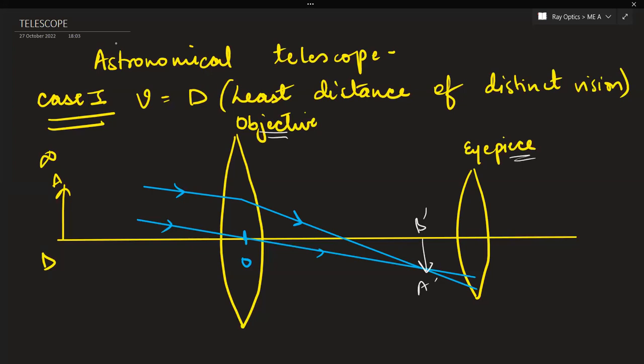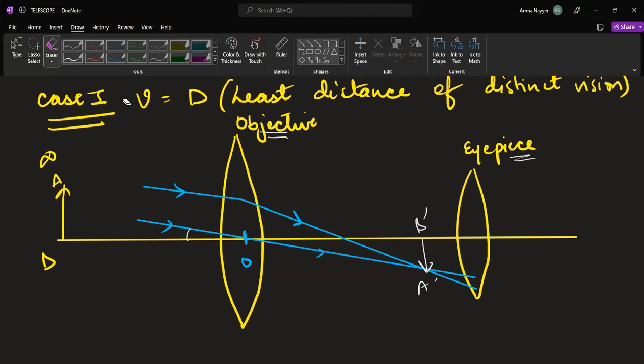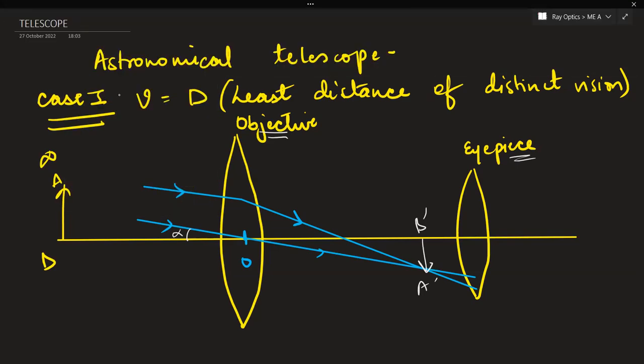Now, one thing, remember we chose an angle alpha that was subtended. I have made it infinity. We chose an angle alpha that was the angle subtended by the image on the eye at the least distance of distinct vision. So let's say this is alpha. These are rays coming from distant objects. And finally, what will happen?